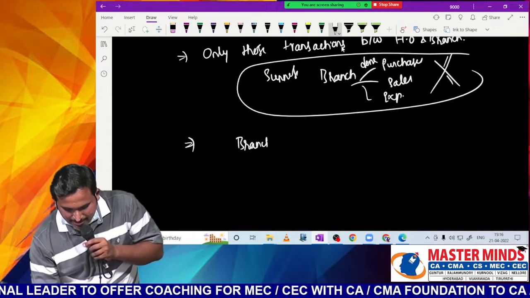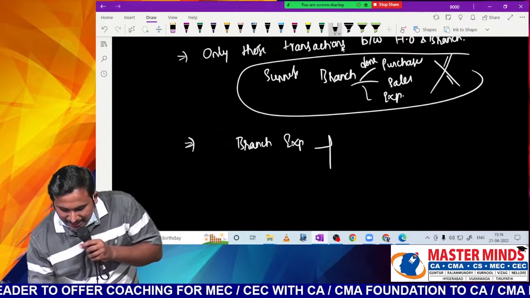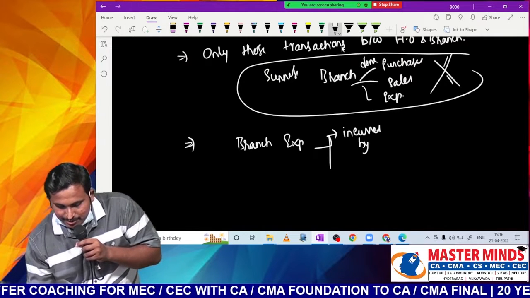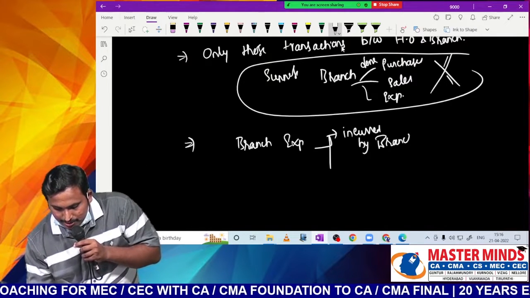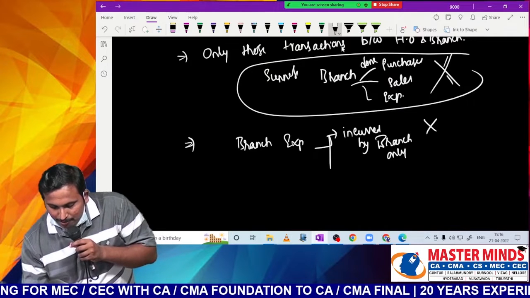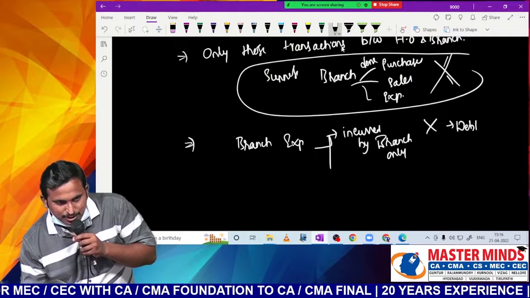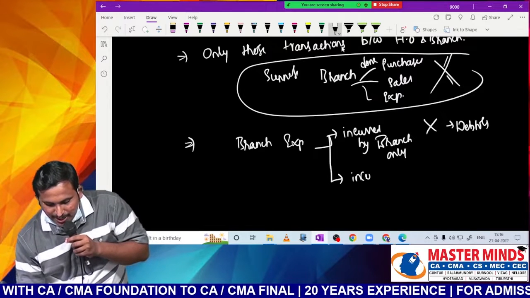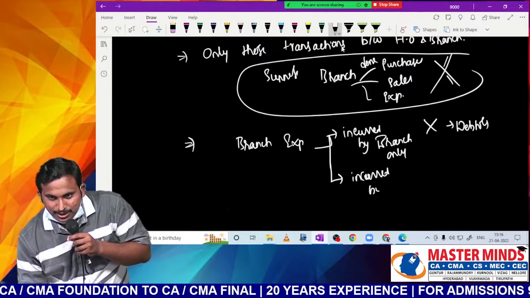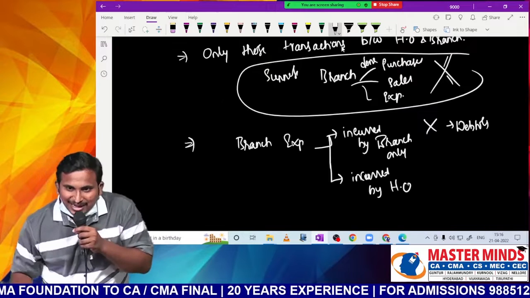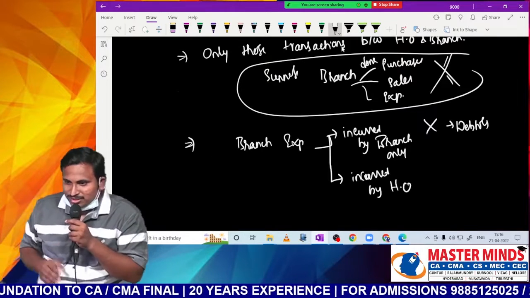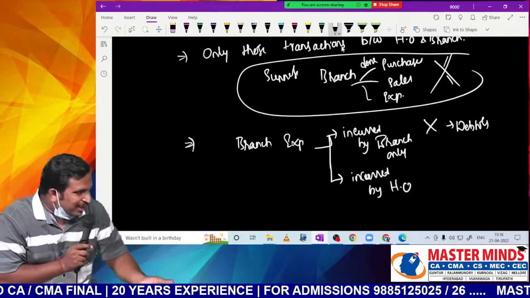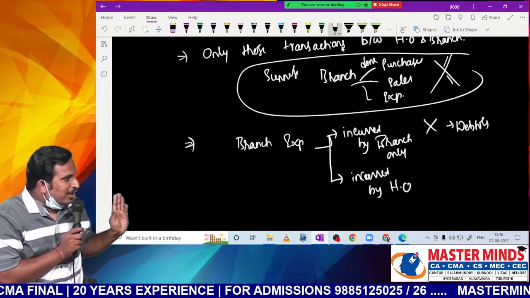If branch expenses are incurred by the branch only, it will not be there in the debtors method. Are you getting the point, sir? If branch expenses are incurred by head office, that means indirectly it is a transaction between head office and branch only. If you are incurring the branch expenses, it is like you investing in them. In such a case, it will be recorded.